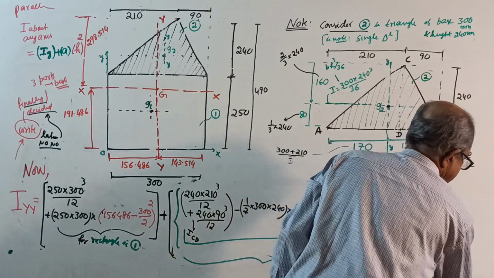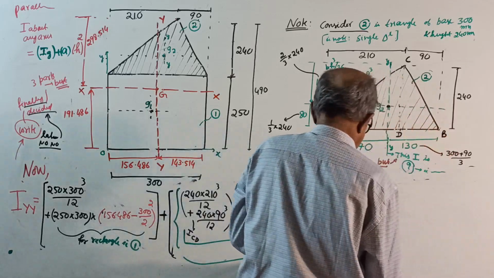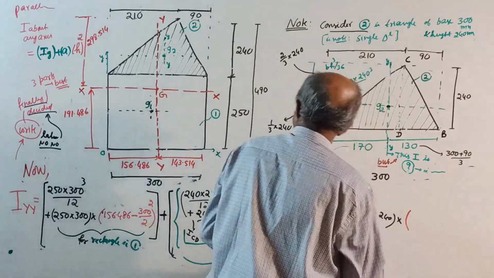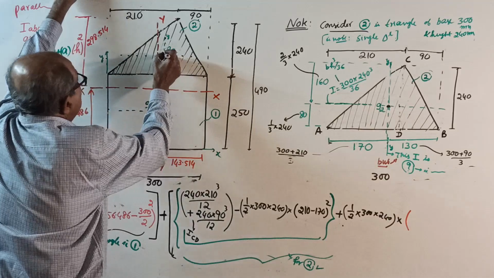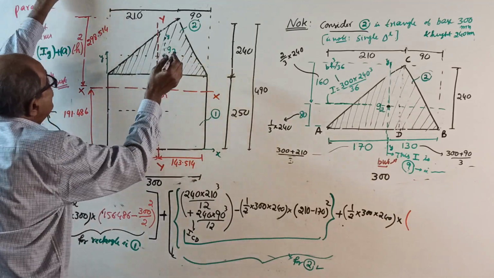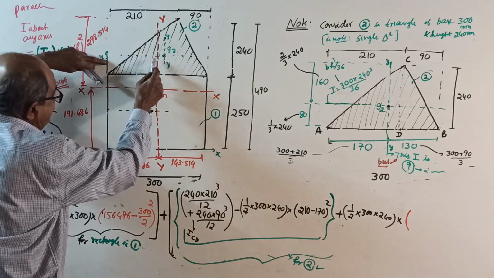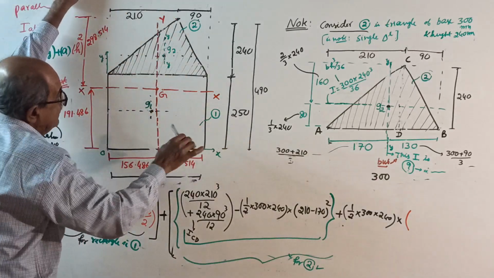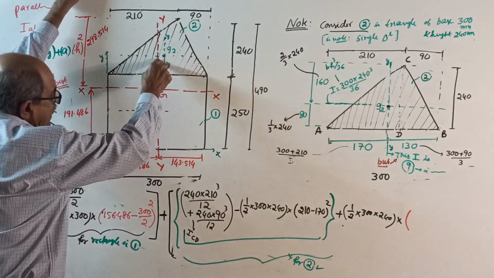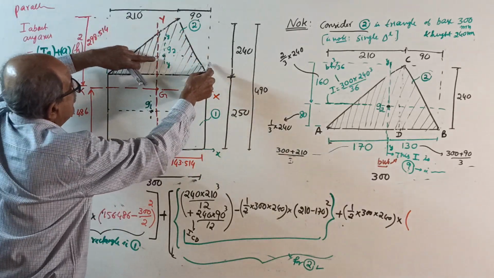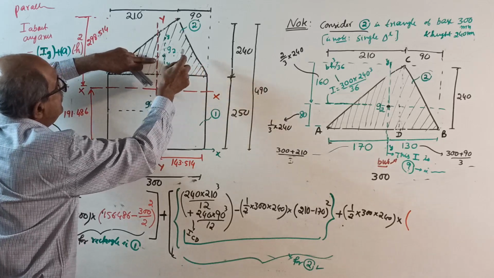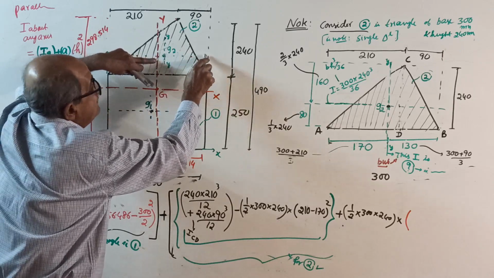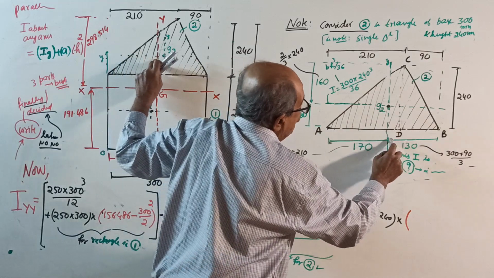Plus area into, now from the centroid to here, this distance square, from here to this axis is 156.486, or you do from that side. This is 143.514 from here to here. 143.514, subtract this distance. That distance is 130.